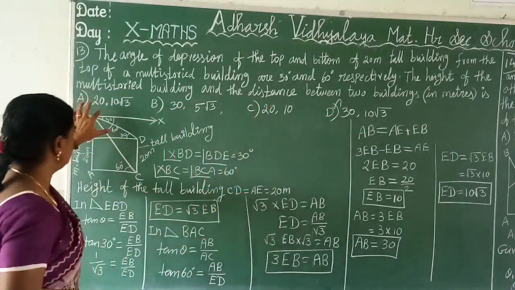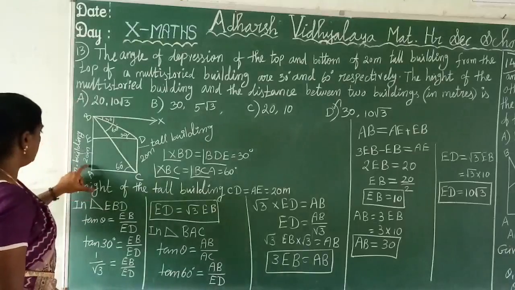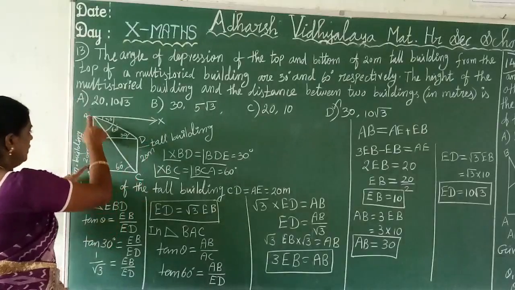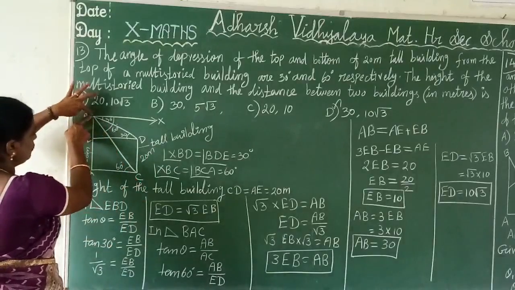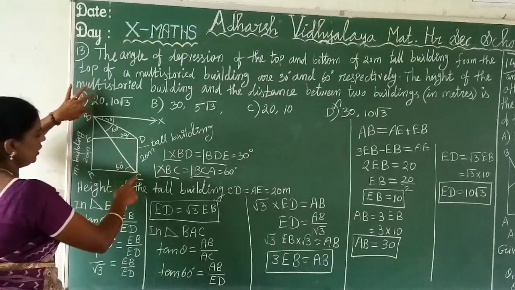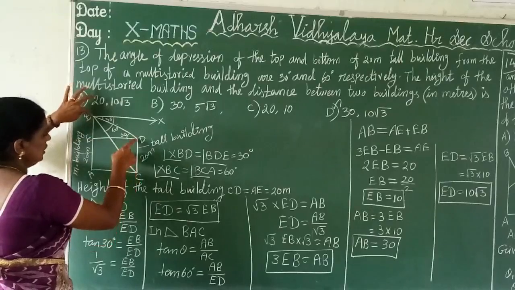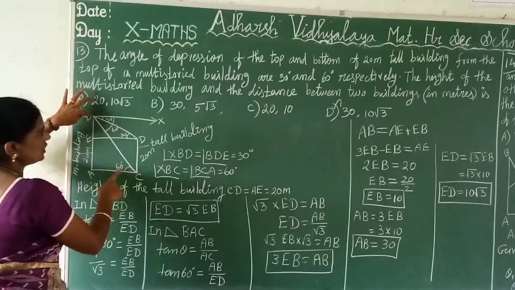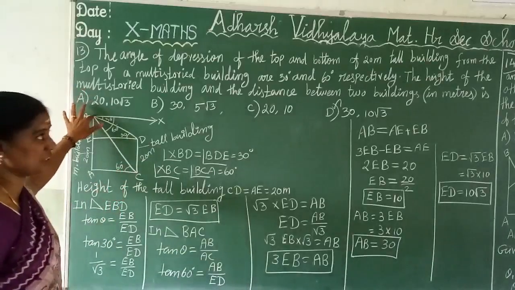So what is the question? Here one multi-story building is there, here tall building. From the top of the multi-story building to the top of the tall building is 30 degree angle of depression and bottom 60 degree angle of depression.